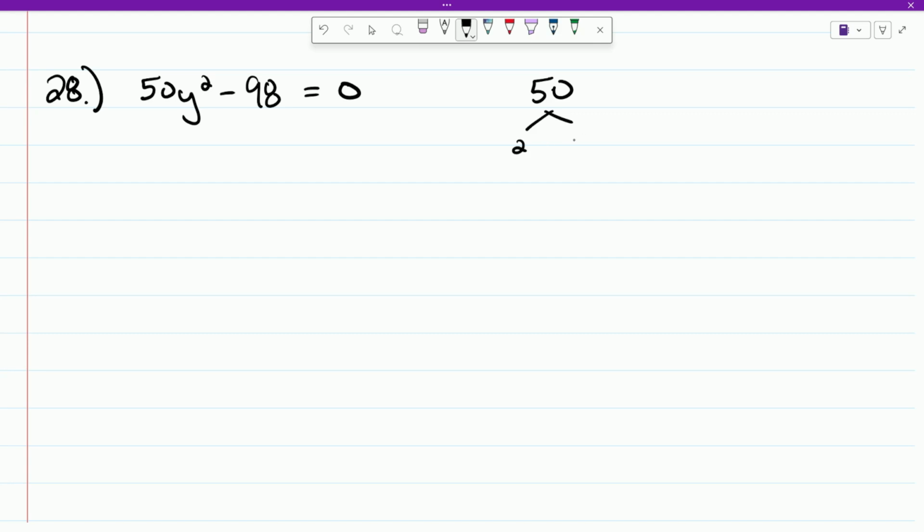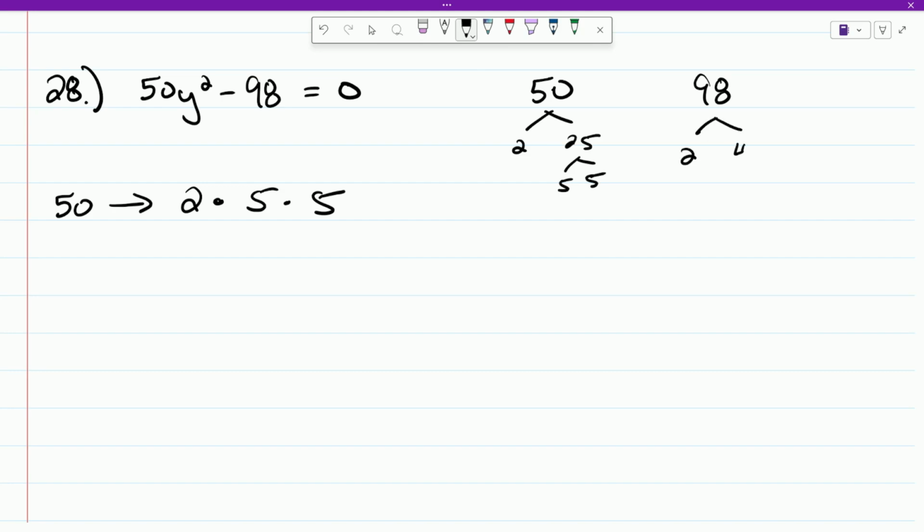50 is going to be 2 times 25. 25 is 5 times 5. So I'm going to write 50, draw an arrow, 2 times 5 times 5. 98. Well, if I take 98 and cut it in half, I get 2 times 49, and then 49 is 7 times 7.